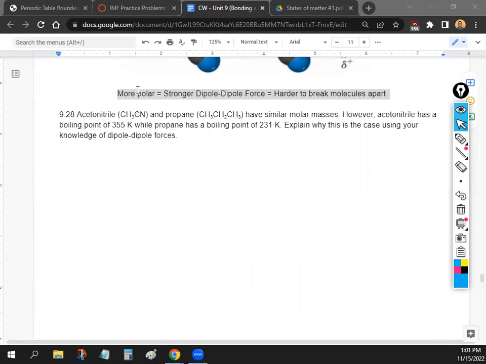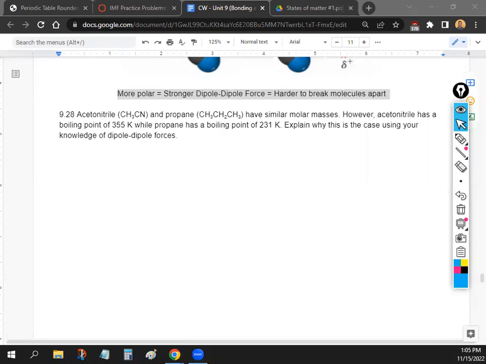They have similar molar masses, but acetonitrile has a boiling point of 355, while propane's boiling point is only 231. How can they have very similar molar masses, but such a big difference in their boiling point? I'll give you guys about 2-3 minutes to talk with the person next to you, see if you can write an AP FRQ style answer, and then we'll go over it together.